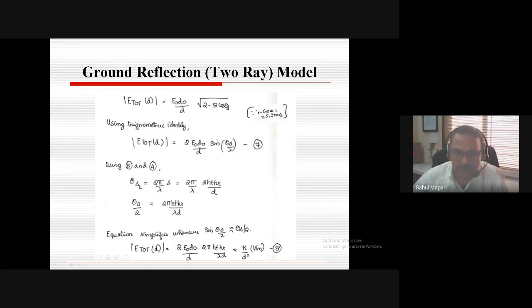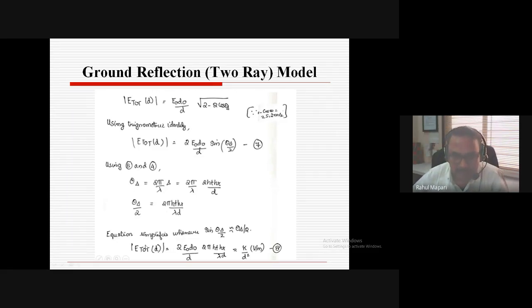We know theta delta is equal to 2 pi by lambda into delta, and delta is nothing but 2 ht hr upon d. So this 2 is shifted to the left side. It becomes theta delta by 2 equal to 2 pi ht hr upon lambda d. This value is replaced here.